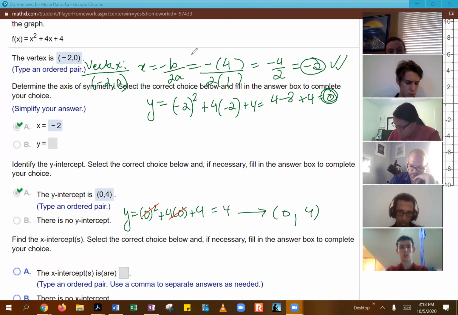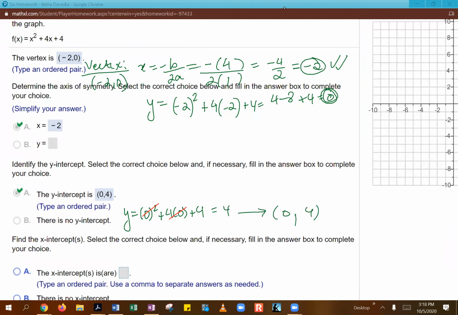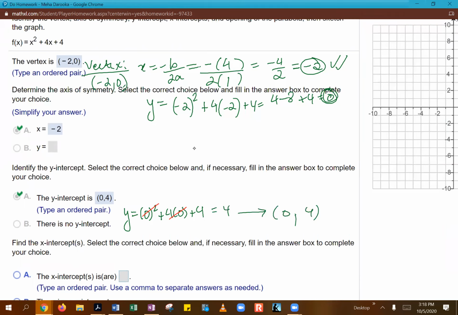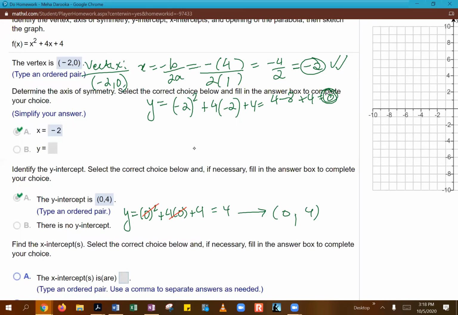Shayna, you had -2, 0. Oliver, same thing, -2, 0. So, just like for the y-intercept, we took our equation and we made our x 0. For finding the x-intercept, you have to make your y value 0. Very nice, Nathan. You also had that same thing.